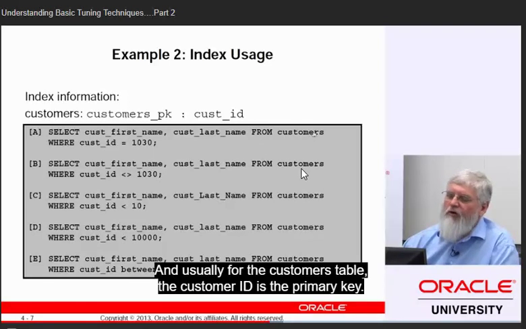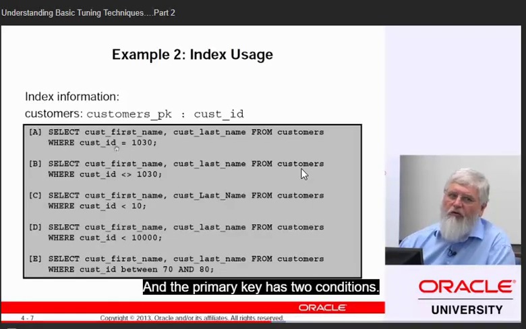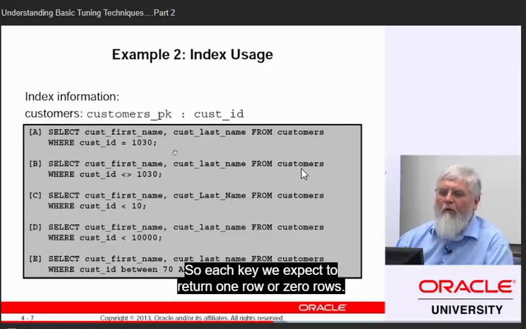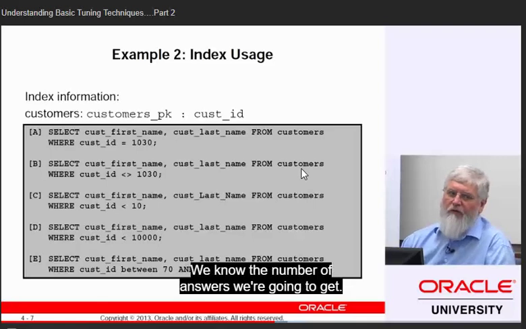We just made a copy of it, dropped some indexes, added the ones we wanted, and we're querying it. And usually for the customers table, the customer ID is the primary key. The primary key has two conditions: it has to be unique and not null, because it's got to identify every row. So for each key we expect to return 1 row or 0 rows. We know the number of answers we're going to get.